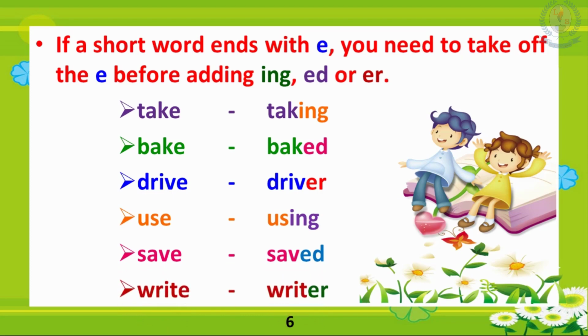And write, writer. Let's read the words once again. Take, taking. Bake, baked. Drive, driver. Use, using. Save, saved. Write, writer. If a short word ends with e, you need to take off the e before adding ing, ed or er.